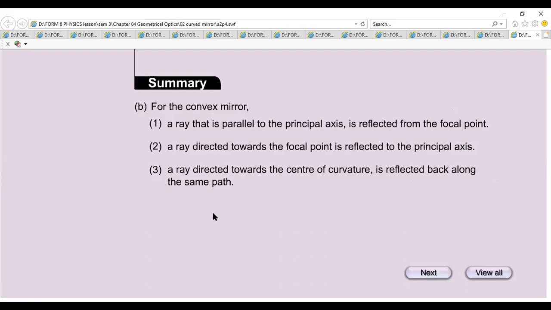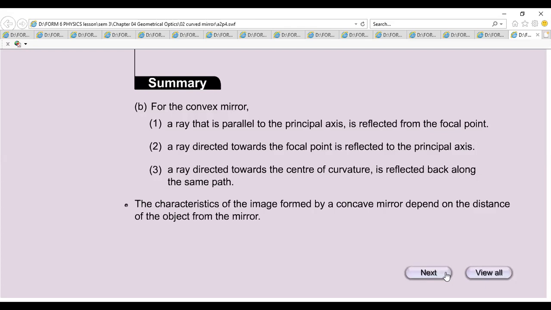And for the convex mirror, same thing, the three rays. A ray that is parallel to the principal axis is reflected as if from the focal point. Second, a ray directed towards the focal point is reflected parallel to the principal axis. Next, a ray directed towards the center of curvature is reflected back along the same path.